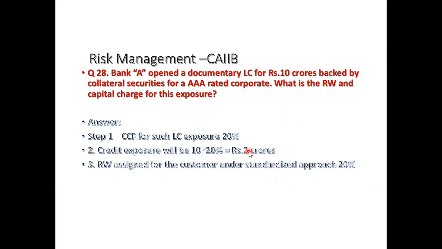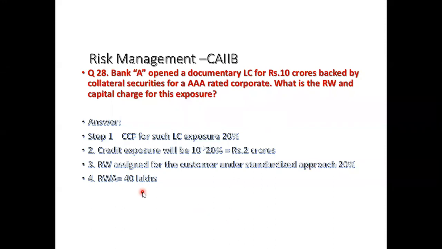Now, again, it is a AAA rated borrower. AAA rated means the risk weight is again 20%. First you apply CCF, then you apply the risk weight applicable for the category. For a AAA corporate it means 20%. So 20% of 2 crore is 40 lakhs only.